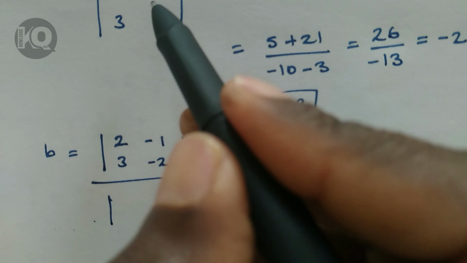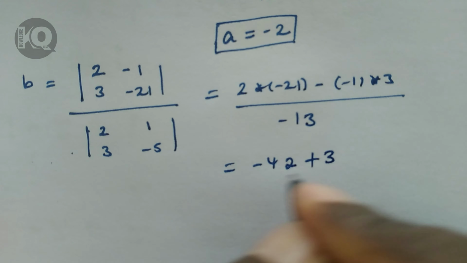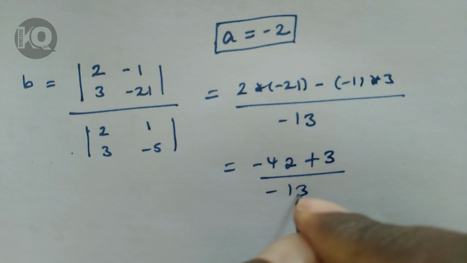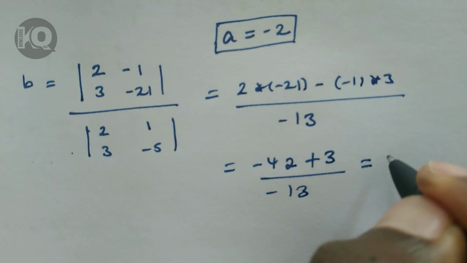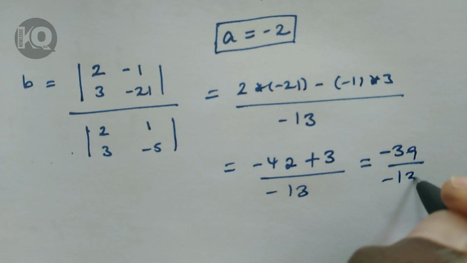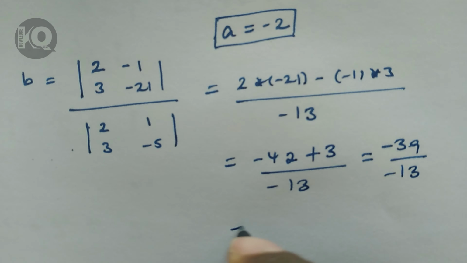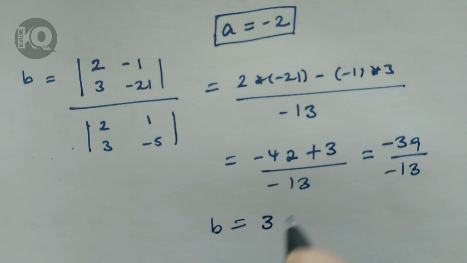So 2 times minus 21 is minus 42, minus times minus will be plus 3, divided by minus 13. That is minus 42 plus 3, which is minus 39, divided by minus 13. So finally we have b equal to 3.